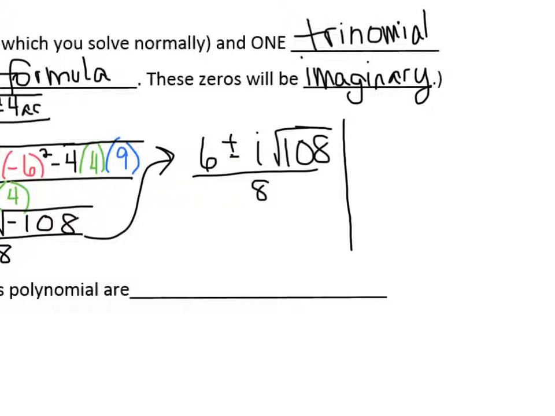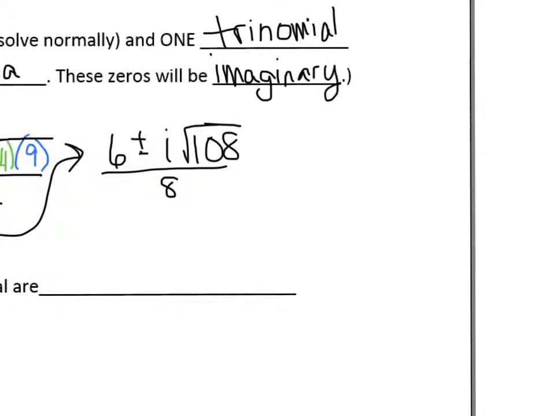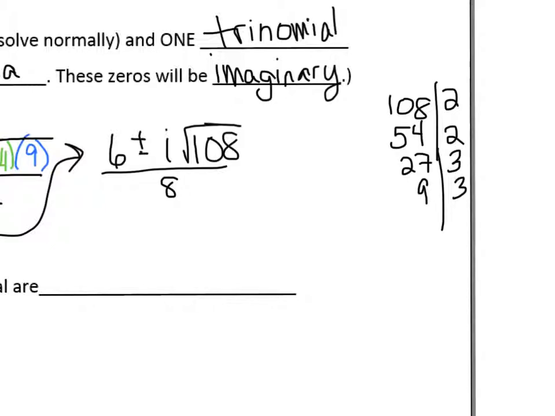Actually, sorry, let me go do this off to the side so we don't run out of room here. Turns into 54. Divide that by 2 is 27. Now we divide by 3. 9, 3, 3, 3, and 1.